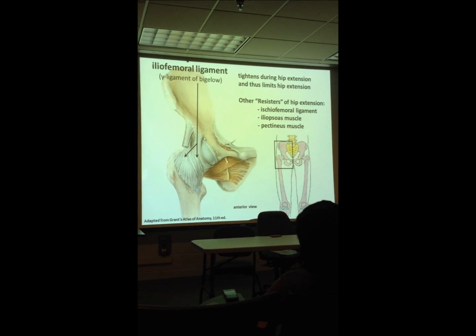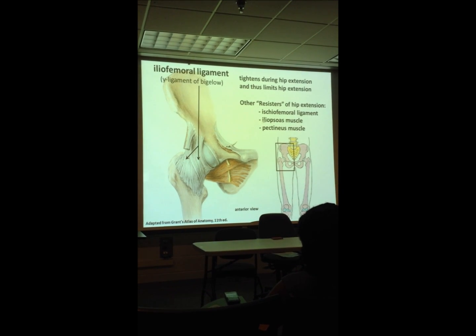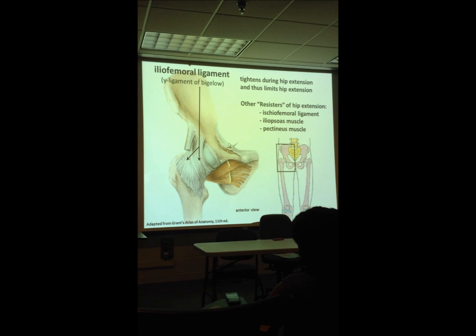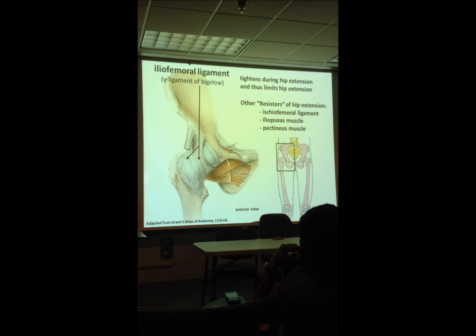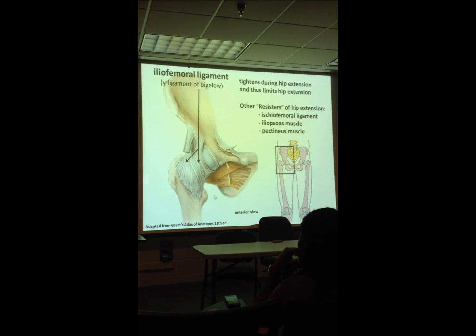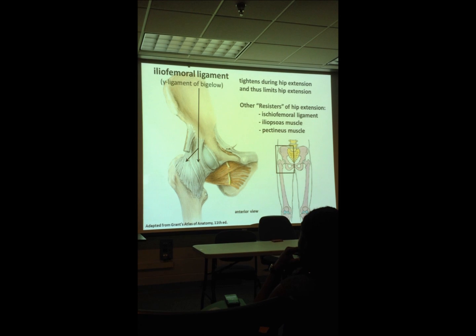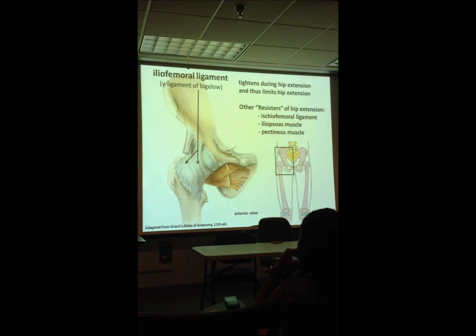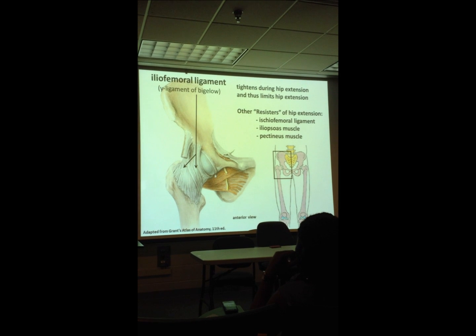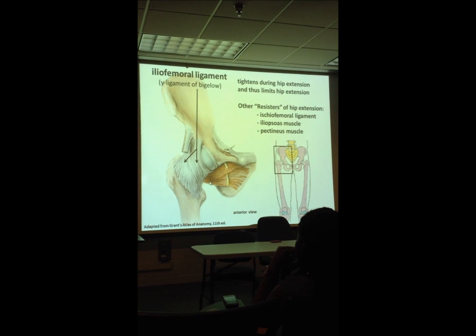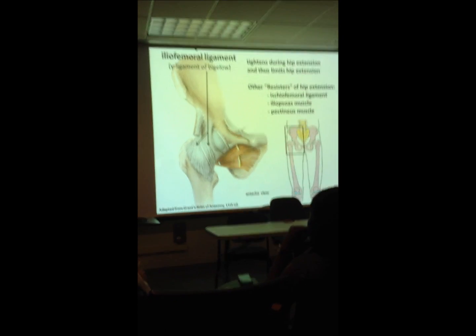The ischiofemoral ligament accomplishes the same thing, but the iliopsoas muscle is going to resist extension also because it comes right across here and goes right there. That's the lesser trochanter. That's the insertion of the iliopsoas. It's going to resist extension because it's a flexor of the hip.